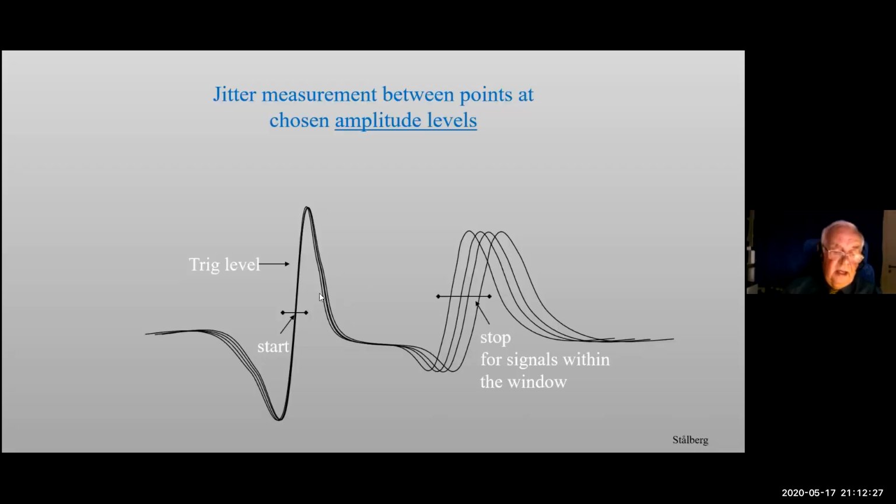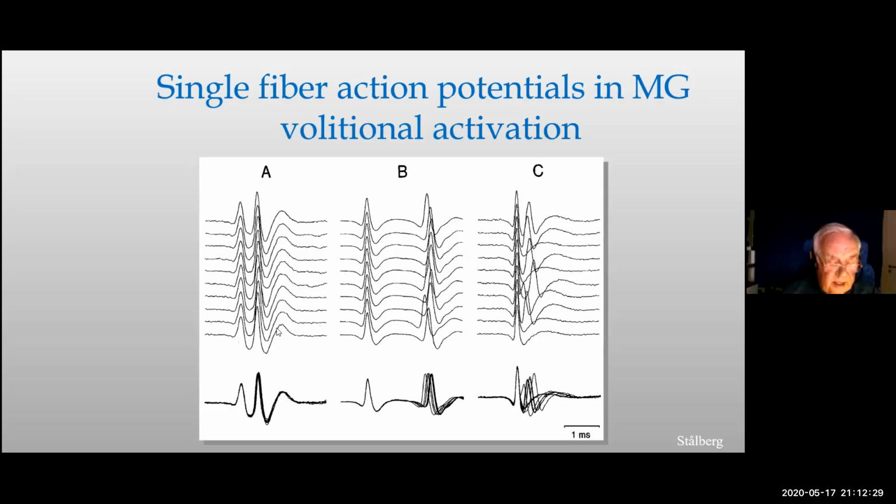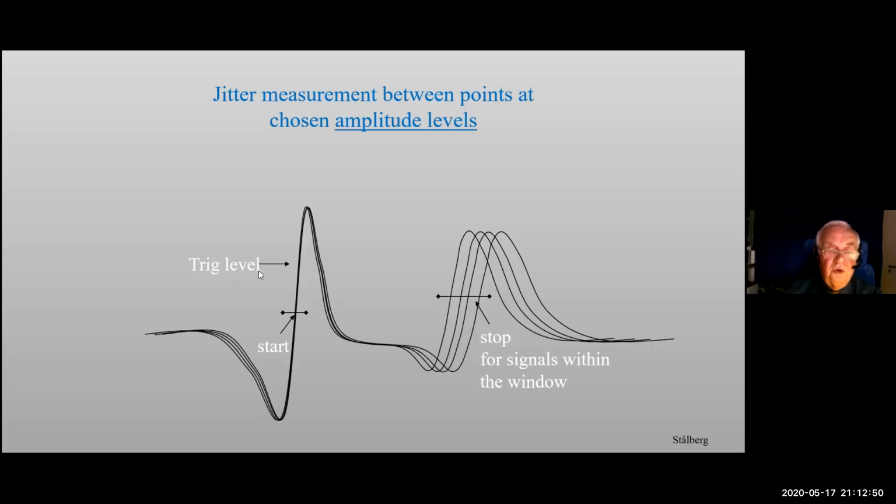Now I showed here that the eye could identify normal, slightly abnormal, and very abnormal. But we want actually to quantitate this by measuring the time between the first and the second, first and the second, first and the second, and get some kind of mean value of this variability. And that was originally done in the following way.